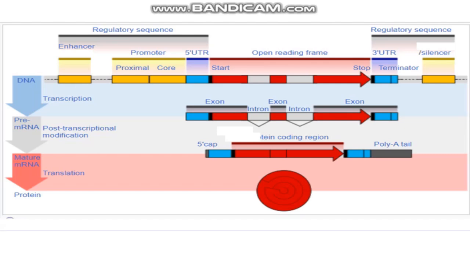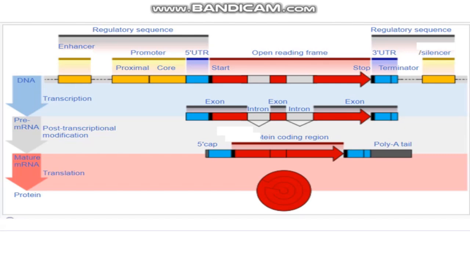While the downstream regulatory sequences are comprised of 3' UTR and silencer. Silencers are the DNA sequences which are capable of binding the transcription factors called repressors, and they reduce the expression of a gene. 5' UTRs and 3' UTRs, as their name indicates, are the untranslated regions.